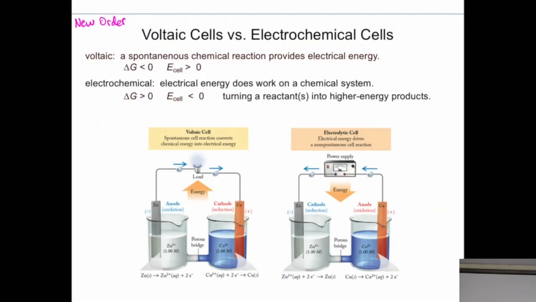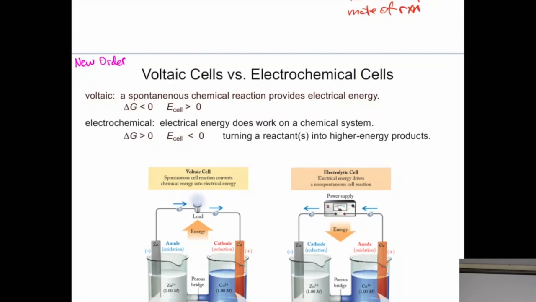I've been calling these electrochemical cells that we're working with, and they are electrochemical cells, but especially in the textbook, they're a little more particular about the words that we use. As you're reading, you may find that these are also called voltaic cells. Sometimes they're also called galvanic cells.